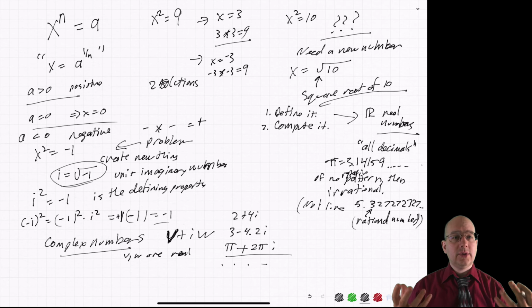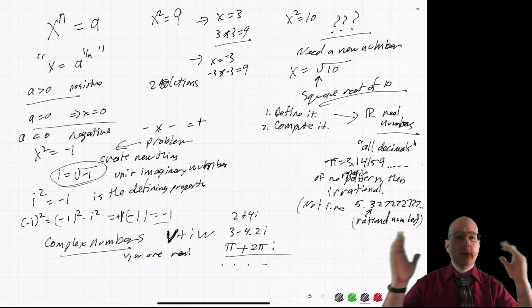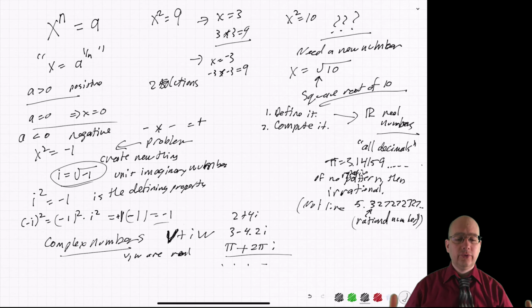And as it turns out, once we've included all of these numbers, we can find solutions to a huge slew of problems. All the quadratics, polynomials, they all have solutions at this point because we've included it. So it's a very powerful system that we've constructed.